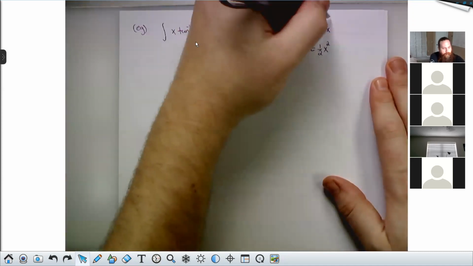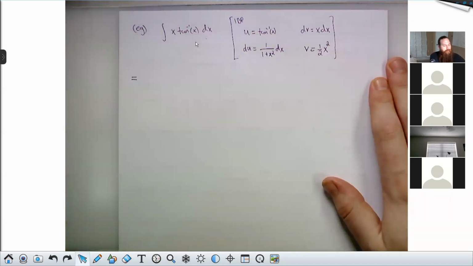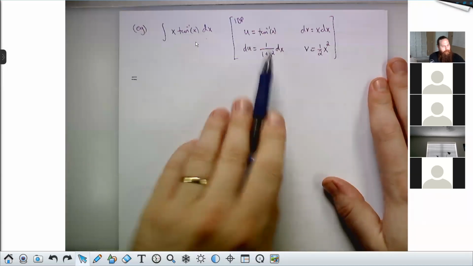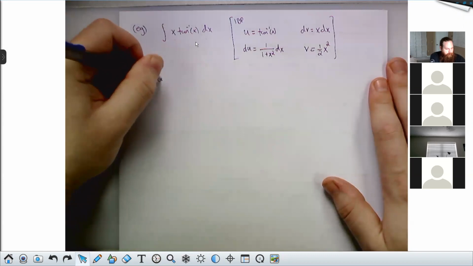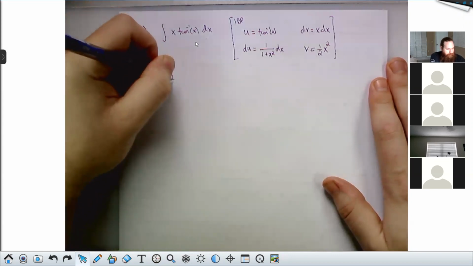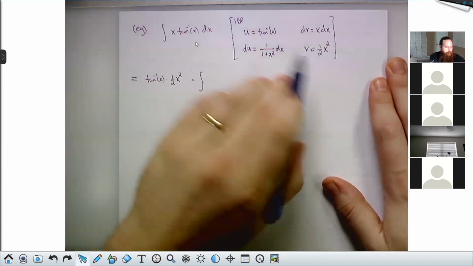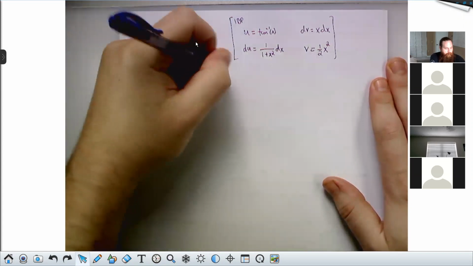I like to put it in a little box, just like we do for our substitutions, and then we write down the formula: u times v minus the integral of v times du. So that's the inverse tangent of x times 1/2 x squared minus the integral of 1/2 x squared times du.